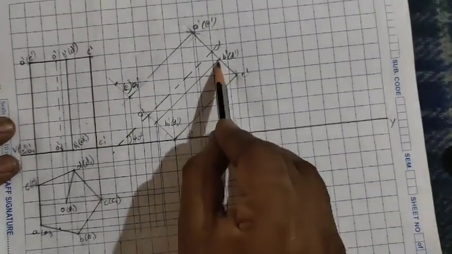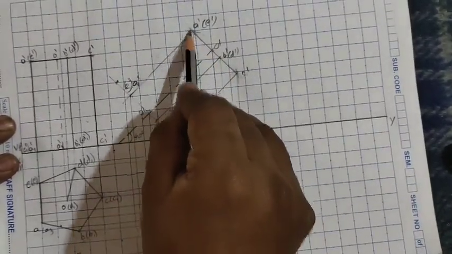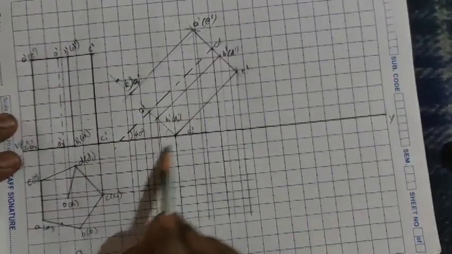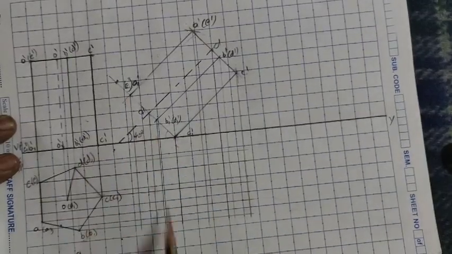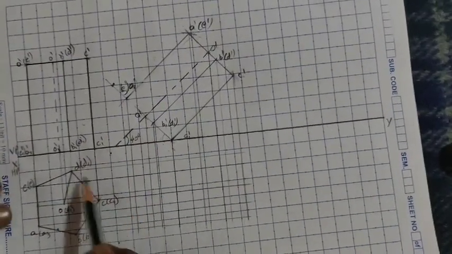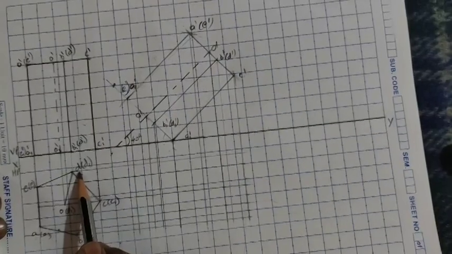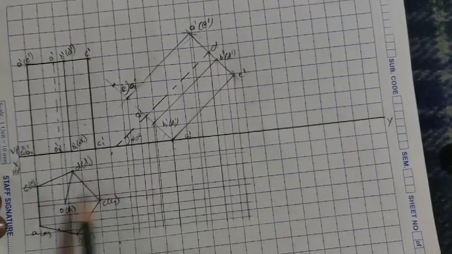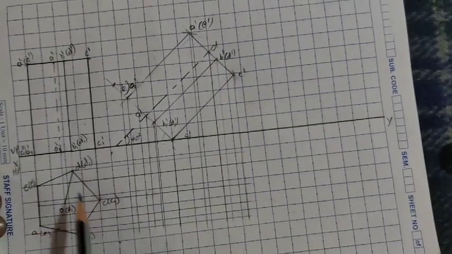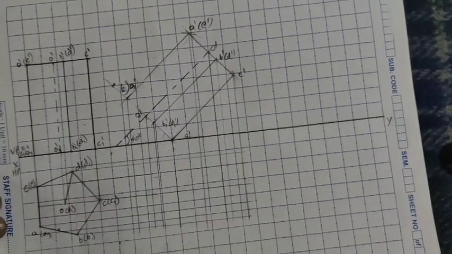From C dash, B dash, O dash, A dash, I have taken vertical projections. Similarly from the base I have taken vertical projections. Similarly from the first projection, I have taken horizontal projections from all corners, A, B, C, D, E.